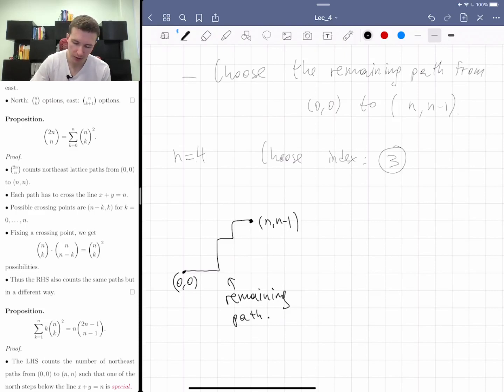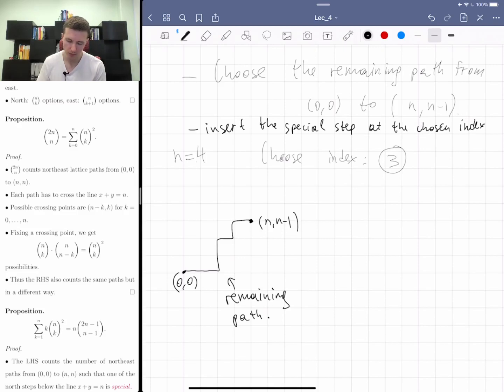And then the final step is to just insert the special step at the chosen index. So in other words, I have my index, which is 3.